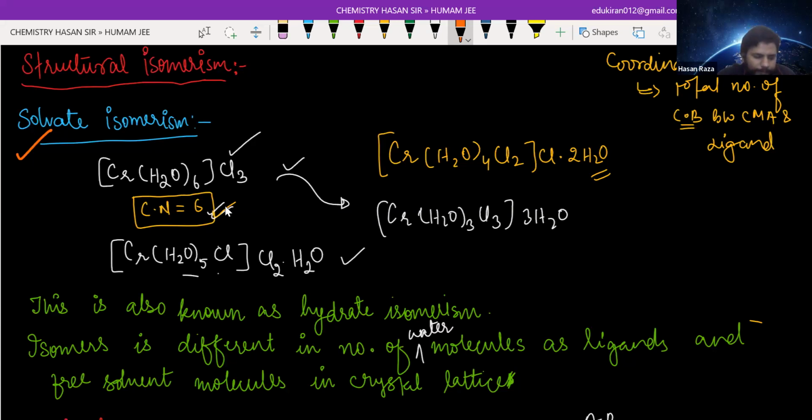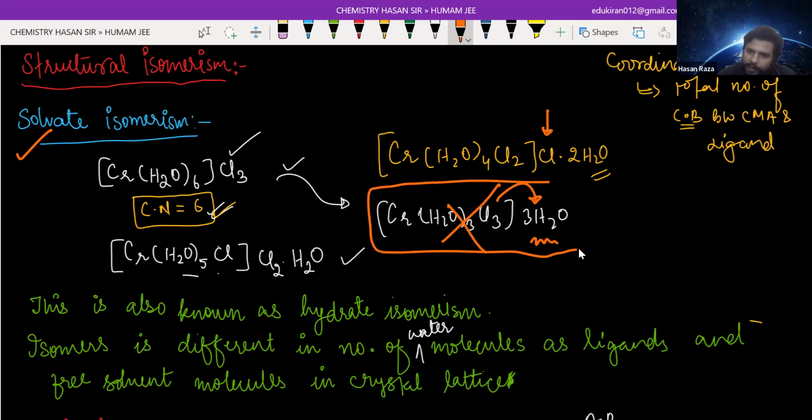No, it won't be. There must be at least one Cl there. Otherwise, it will be water of crystallization or something like that. You cannot say this is hydrate isomerism. So for the exchange taking place, there must be at least one unit of that. Are you getting my point? Always remember this, it is a very important point.